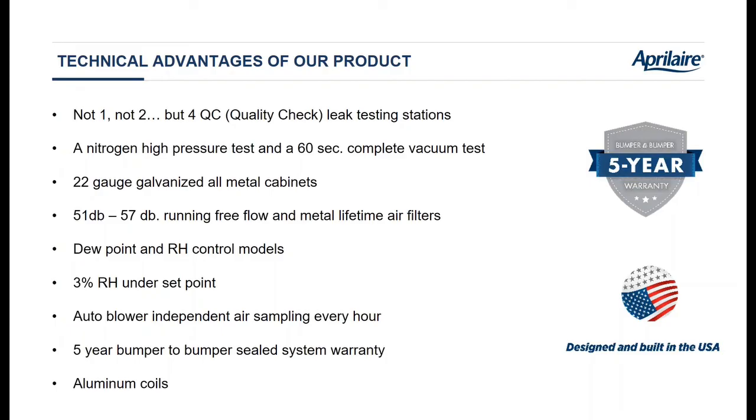There's no leaks opening up under vacuum. All metal construction, very quiet. Depending on the application, you can have a dew point control or a relative humidity control. In addition to having an adjustable set point, we have, as I've mentioned before, some pretty clever, smart things.